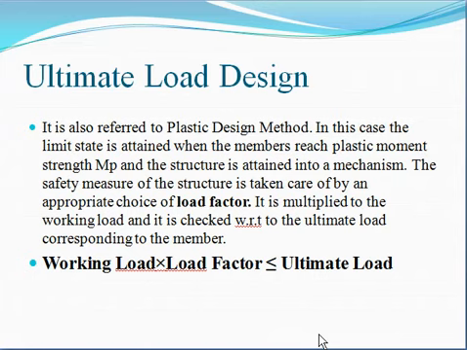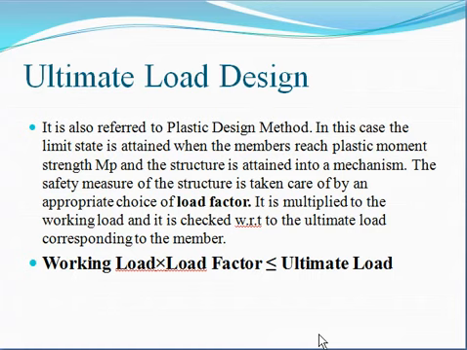Again, safety measures are introduced by using load factor. In this method, the load factor is defined as the ratio of design load to the working load. These load factors are given in IS 800.